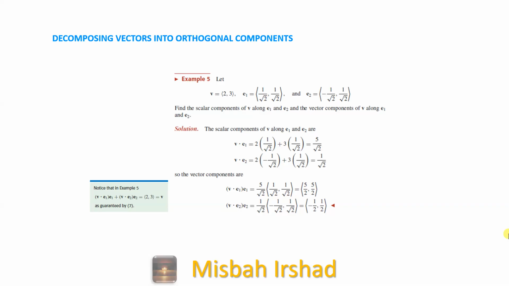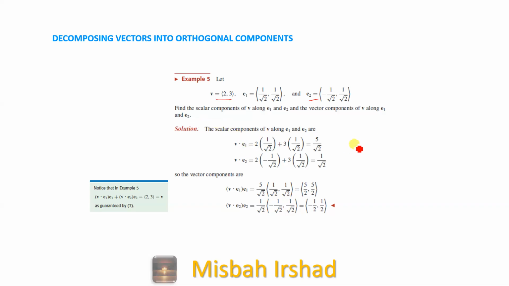There is an example of decomposition. If we have v equal to (2, 3), that is 2i plus 3j, and E1 is (1 over square root 2, 1 over square root 2), E2 has components negative 1 over square root 2, 1 over square root 2. Find the scalar components of v along E1 and E2, and the vector components of v along E1 and E2.